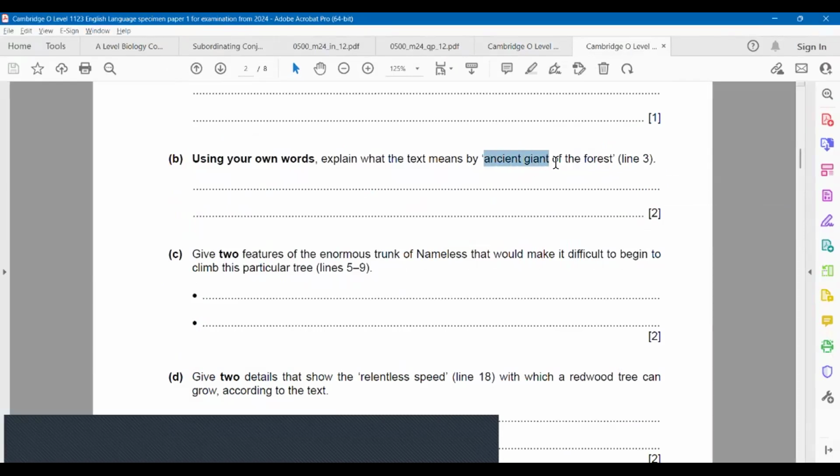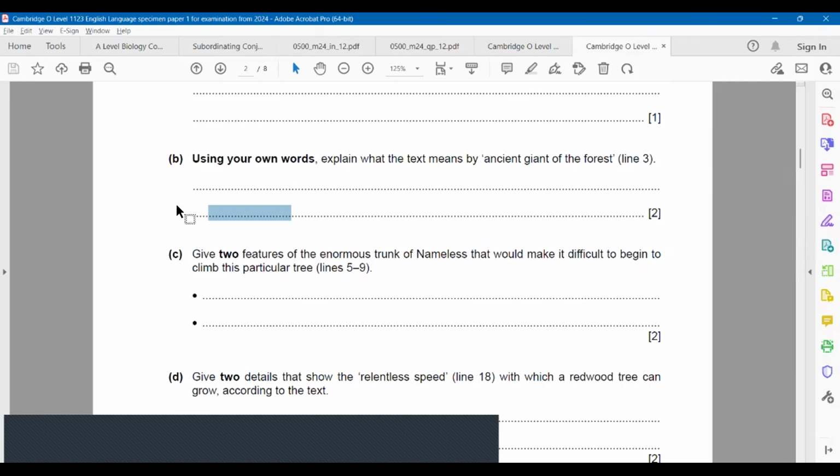So from ancient giant of the forest, you need to pick out 2 keywords, which in this case are ancient and giant, because those are the 2 that make sense. And you need to write your answer using synonyms for ancient and giant.